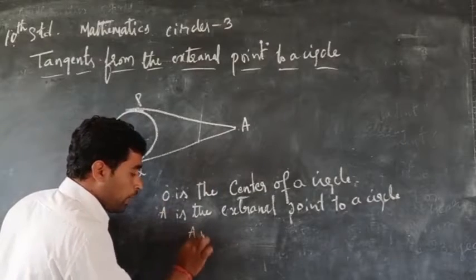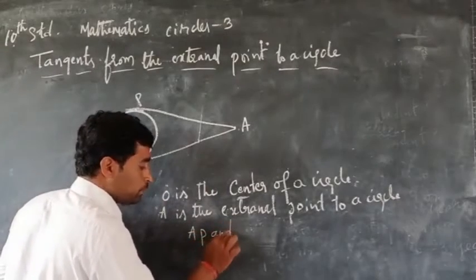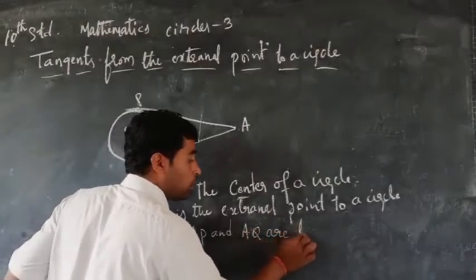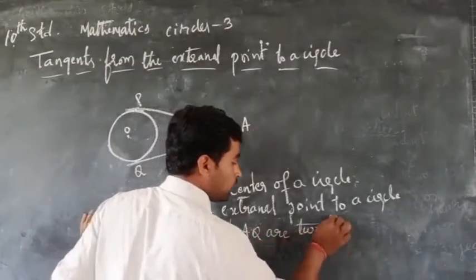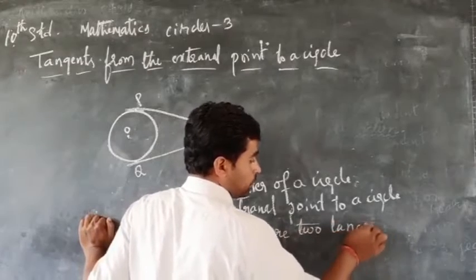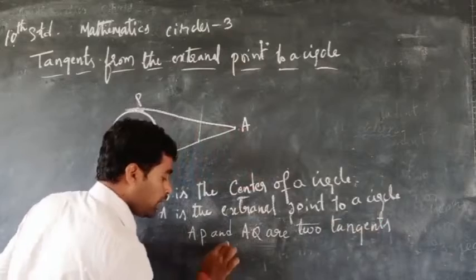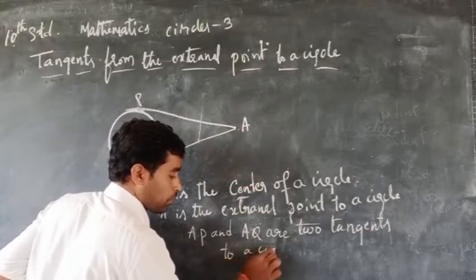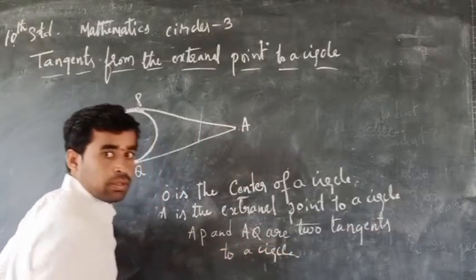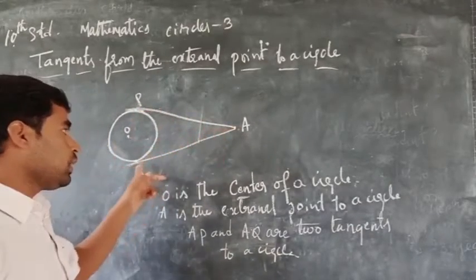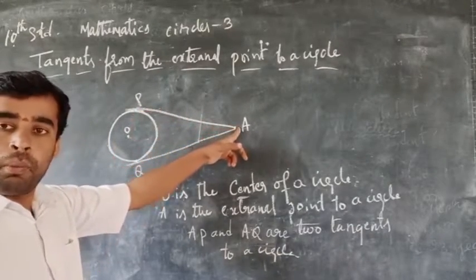Therefore, AP and AQ are two tangents to the circle. So we can draw only two tangents from this external point A.